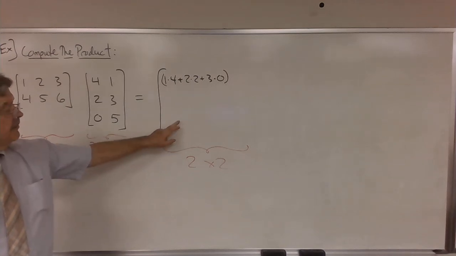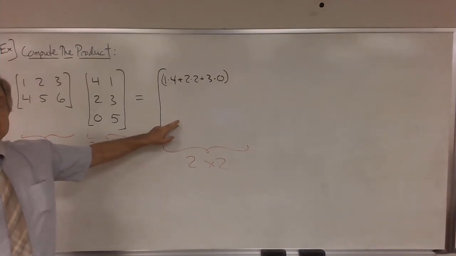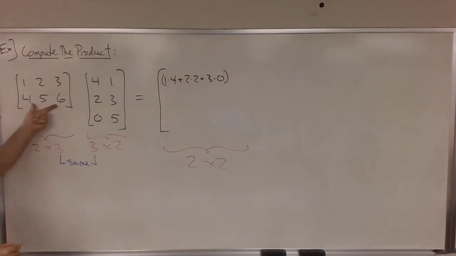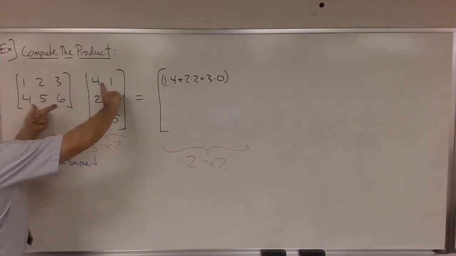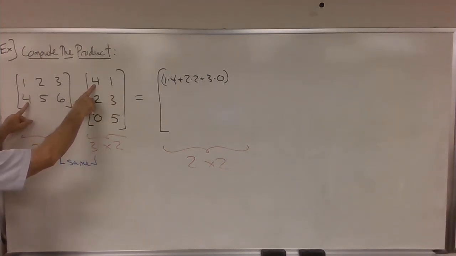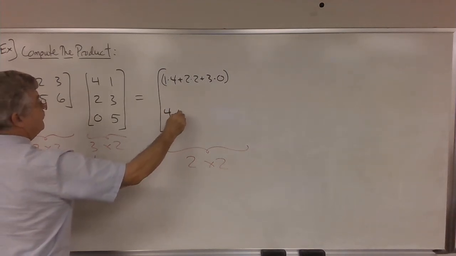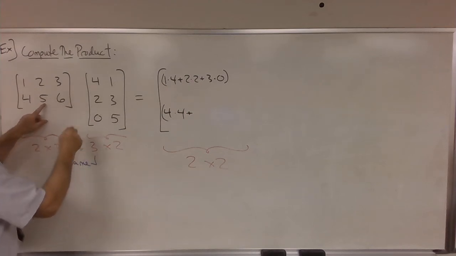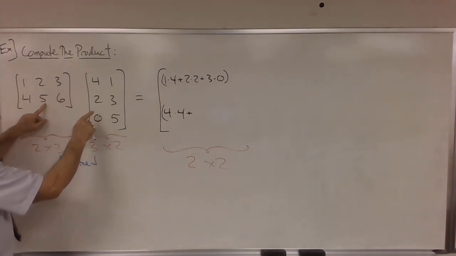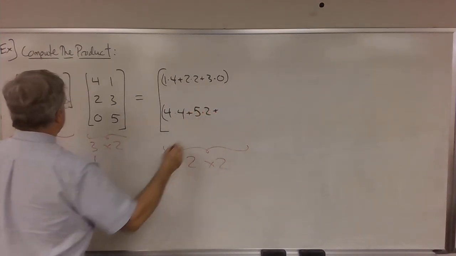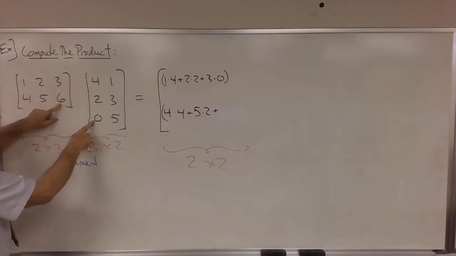Now let's go to the second row, still the first column. We take the second row times the first column, and the first entries of each, 4 times 4, plus the product of the second entries, 5 times 2, plus the product of the third entries, 6 times 0.